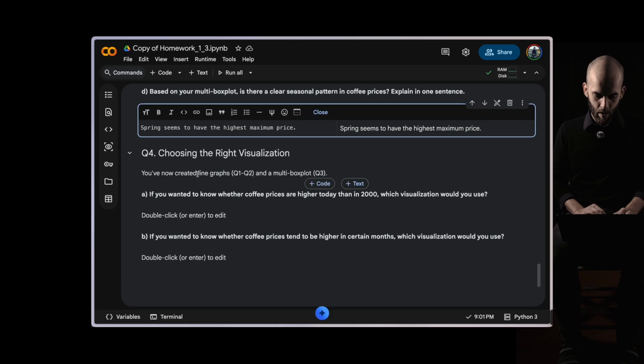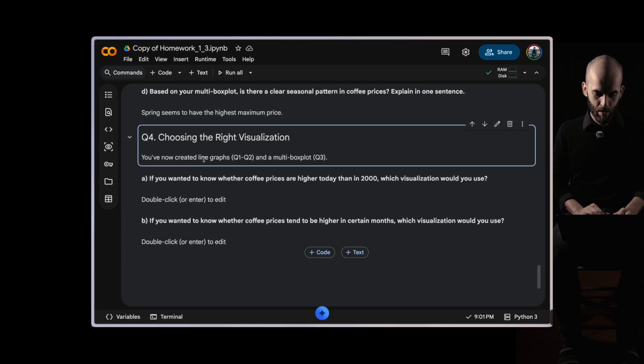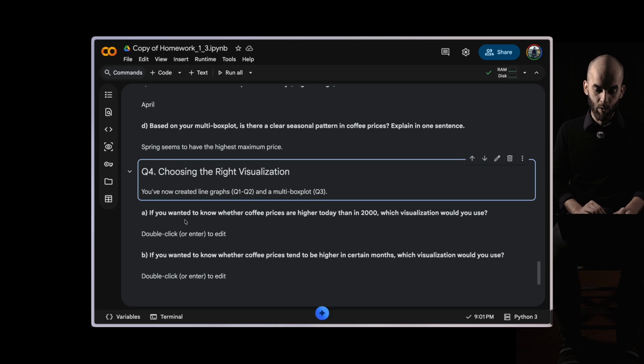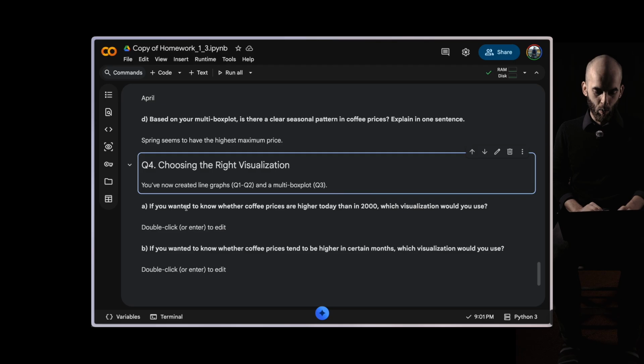Okay, so then lastly, let's just think about choosing the right visualization. So we've created all of these figures here. If you wanted to know whether coffee prices are higher today than in 2000, which visualization would you use?